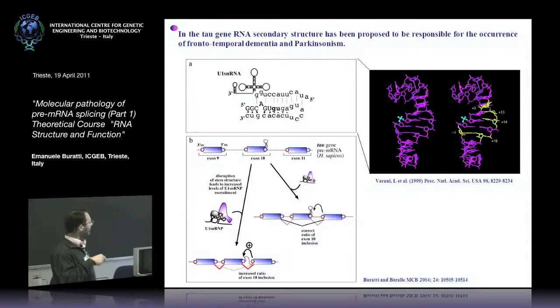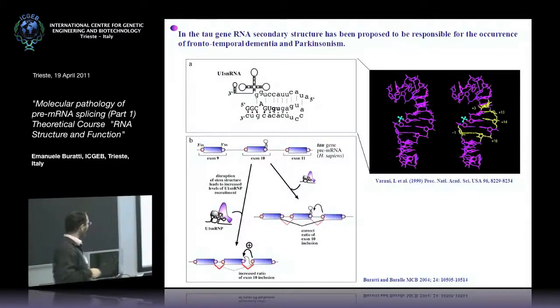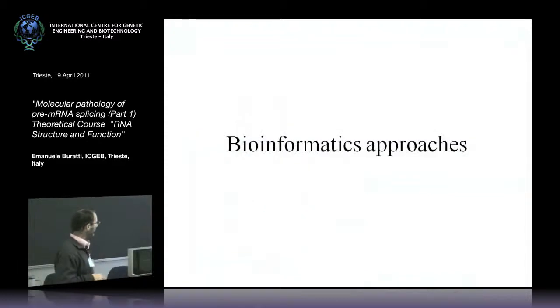Now, in many people who are affected by frontotemporal dementia and Parkinsonism, they have mutations that disrupt the RNA secondary structure, and so they make the 5' splice site more available for the splicing process. And when you have this situation, then the final mRNA will end up with a much increased ratio of exon 10 inclusion, and this will eventually lead to disease.